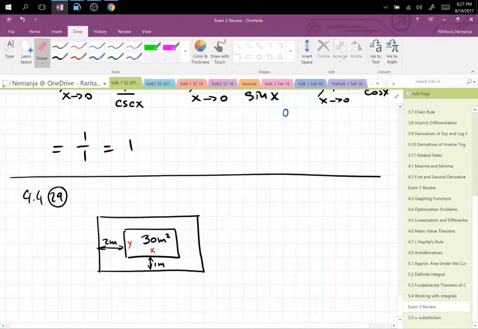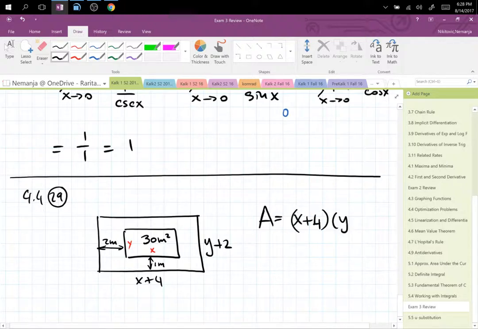Would it be x plus 4? x plus 4, because you have the x dimension, and then you have 2 meters on each side, so 2 plus 2 is 4. And how about the top? y plus 2. So the overall area they are looking to minimize is x plus 4 times y plus 2, and that needs to be a minimum.